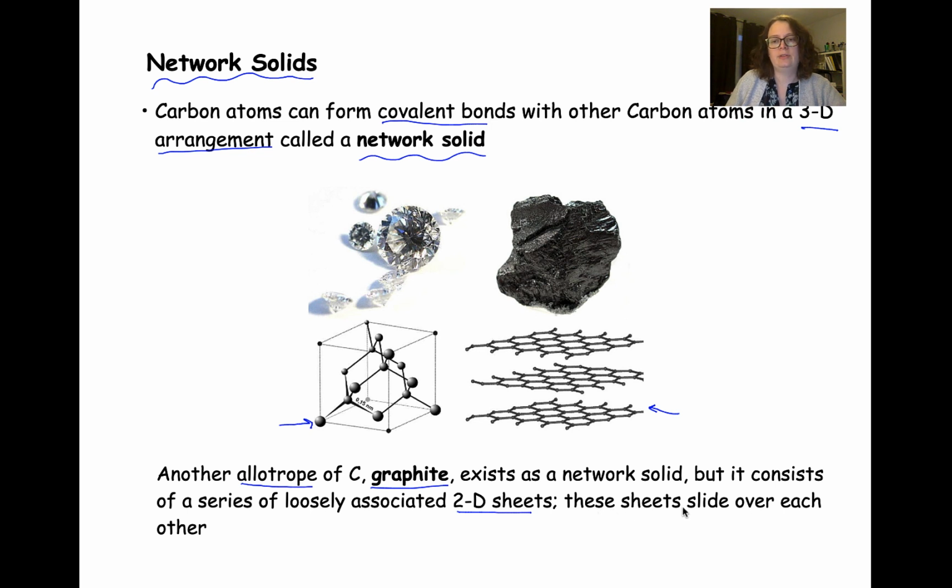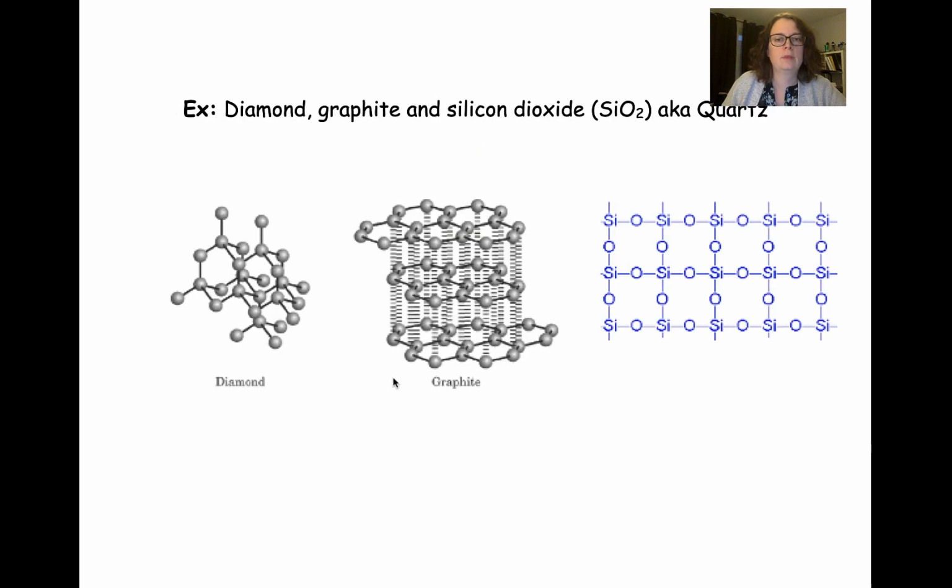These are able to slide over each other pretty easily, which is what's happening when we write with a pencil. So our network solids, some examples are diamond and graphite. These are both made of carbon, and they have slightly different arrangements, but they're all sharing electrons between those atoms.